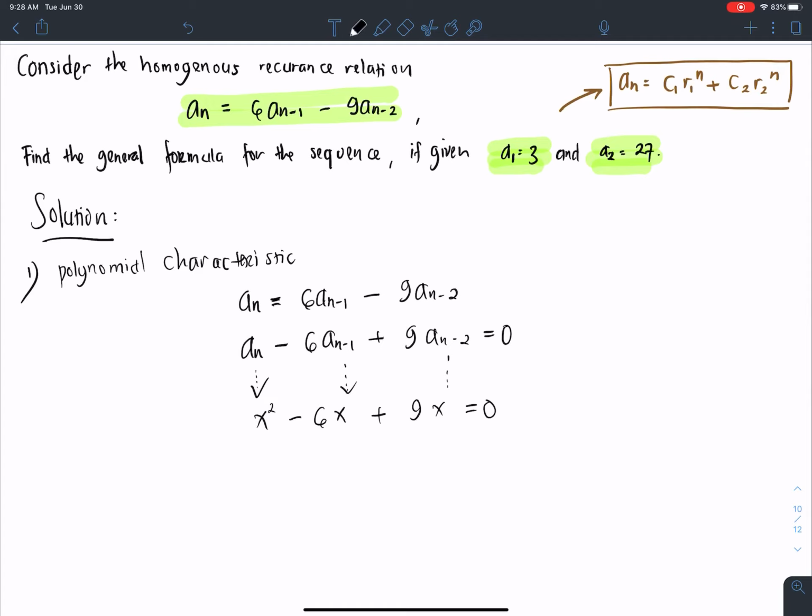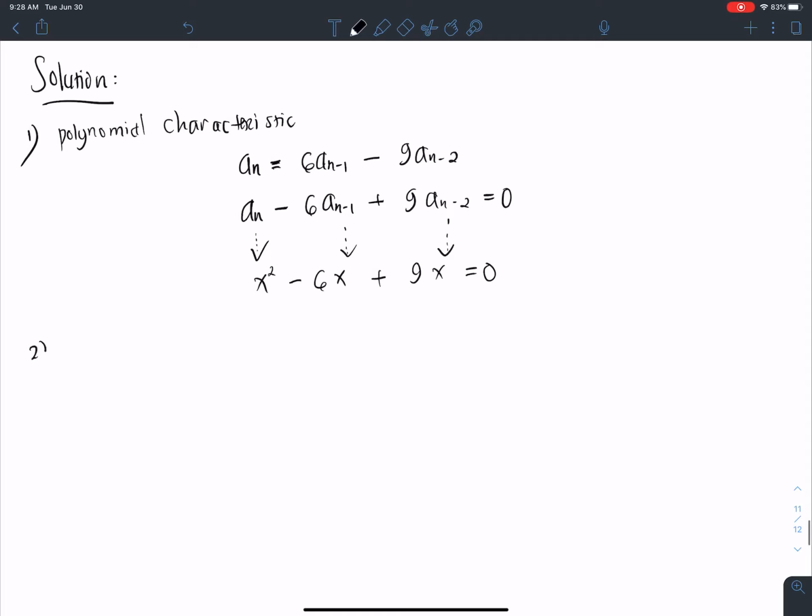So this is the characteristic polynomial. Now next, what we need to get is the roots of the polynomial. Make sure that when you are given a problem later on, you work according to the steps, and that will be easy for you.